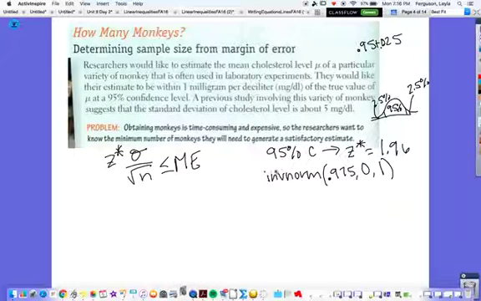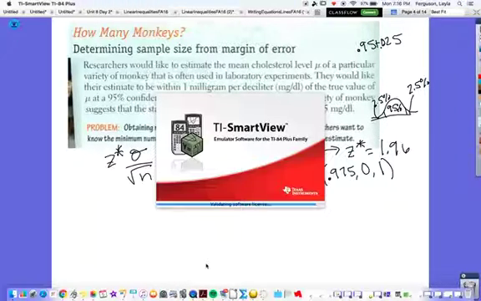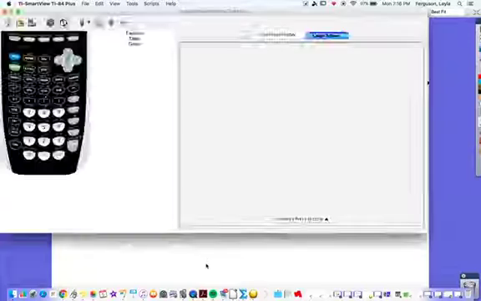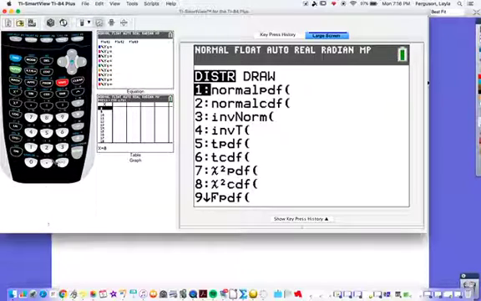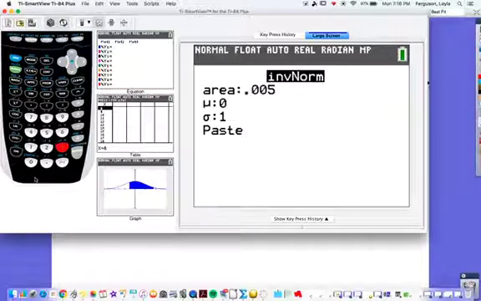And you could go to your calculator and go to second vars, option 3, and you're going to do 0.975, mean of 0, standard deviation of 1.